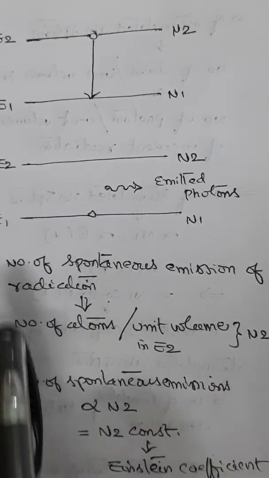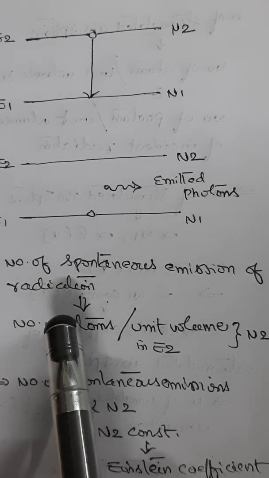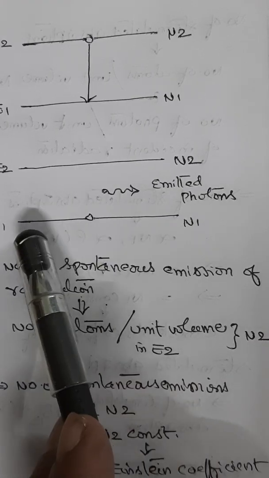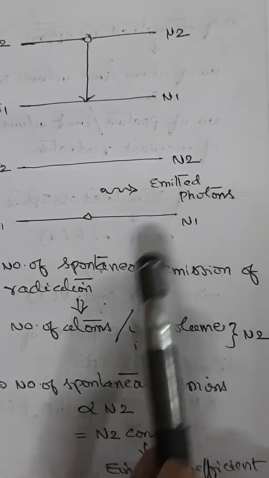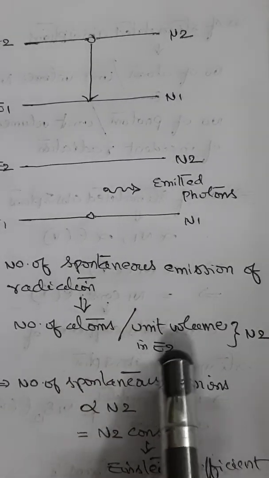In such a situation, the number of spontaneous emissions of radiation depends on whom? It depends on the number of atoms per unit volume in the energy level E2.